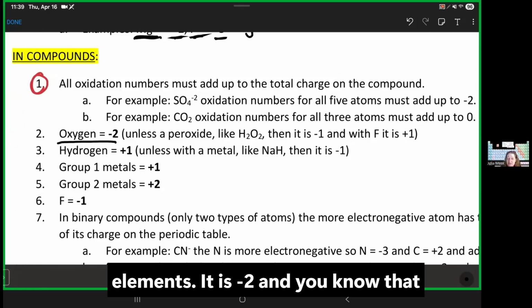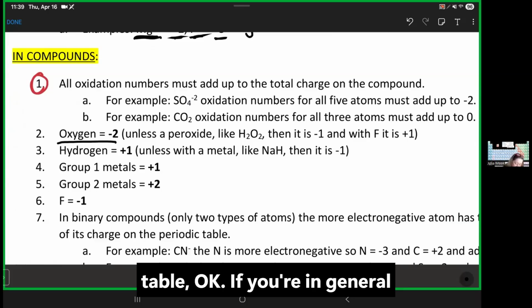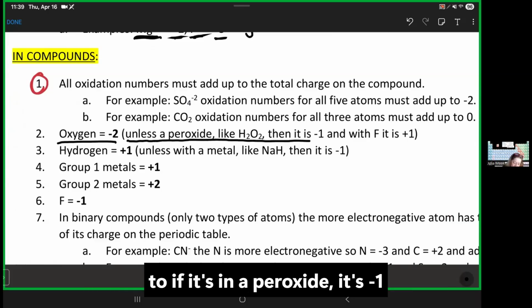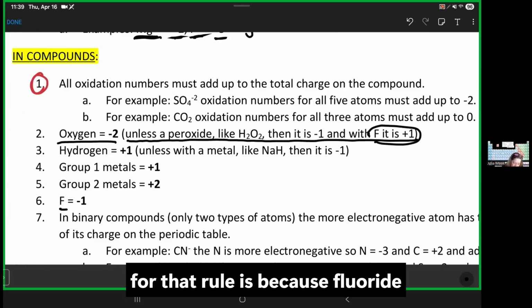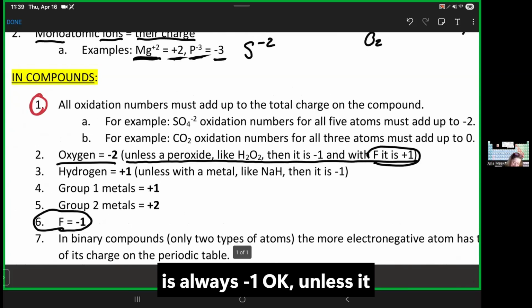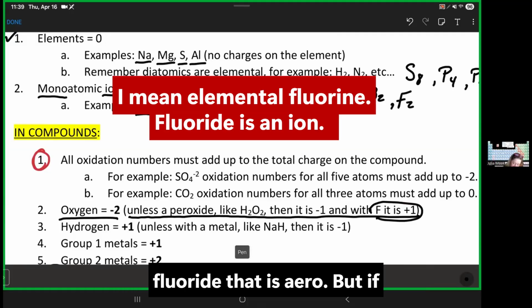You know that because oxygen is -2 on the periodic table. If you're in general chemistry, you will have to pay attention: if it's in a peroxide, it's -1, and if it's with fluoride, it's +1. The reason for that rule is that fluoride is always -1, unless it is elemental, diatomic fluorine, which is 0.